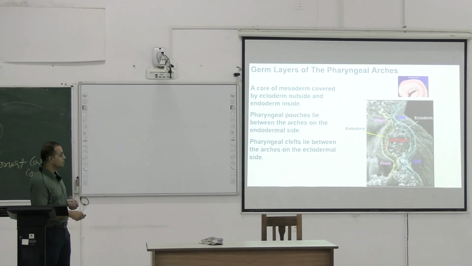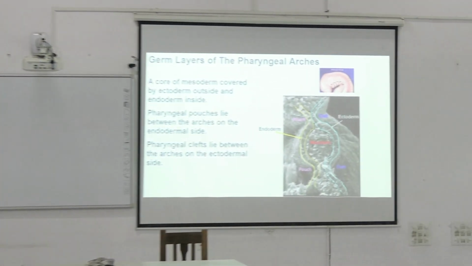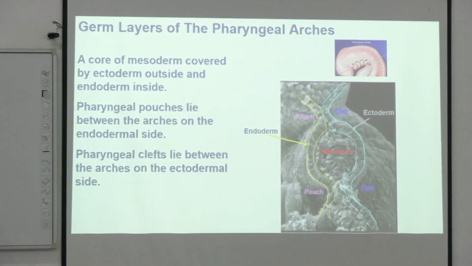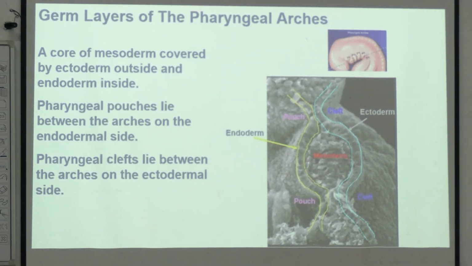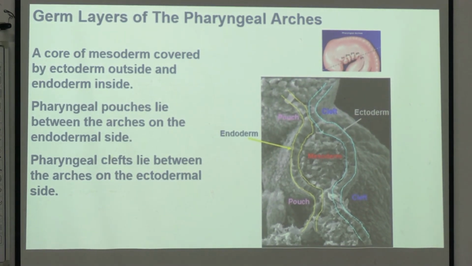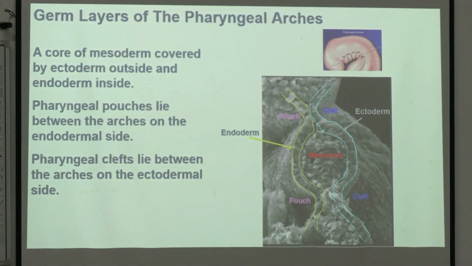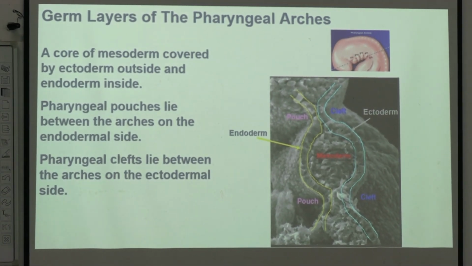So we have learned about this arch, which has 3 components: endoderm, mesoderm and ectoderm. We are focusing on the mesoderm. The mesoderm here is sourced from 2 things. One is intraembryonic mesoderm, which is present in the part. Later on it is crowded by further invaginations or influx of a kind of cells we call neural crest cells.